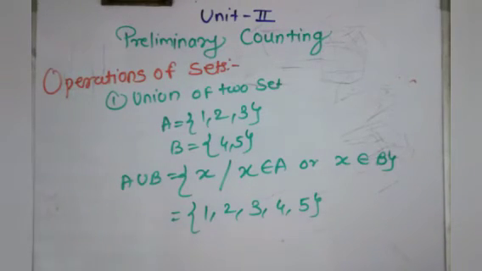We write all elements of A and B in the set. It's called the union of two sets.